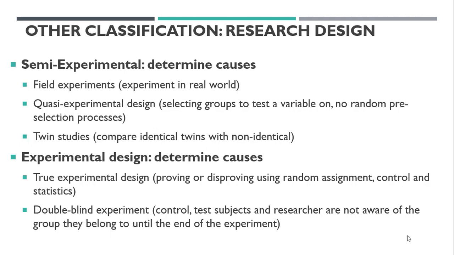Now, if we look at the quasi-experimental design, here your interest is to determine the cause. What causes this to happen? So we could have an experimental design whereby you are not doing your experiment in the laboratory or in the greenhouse. You are actually growing in the field.